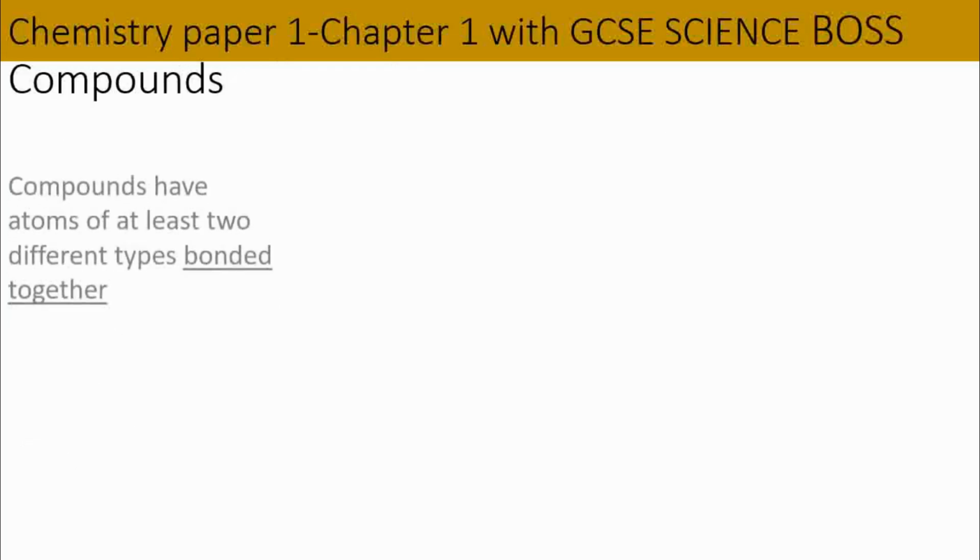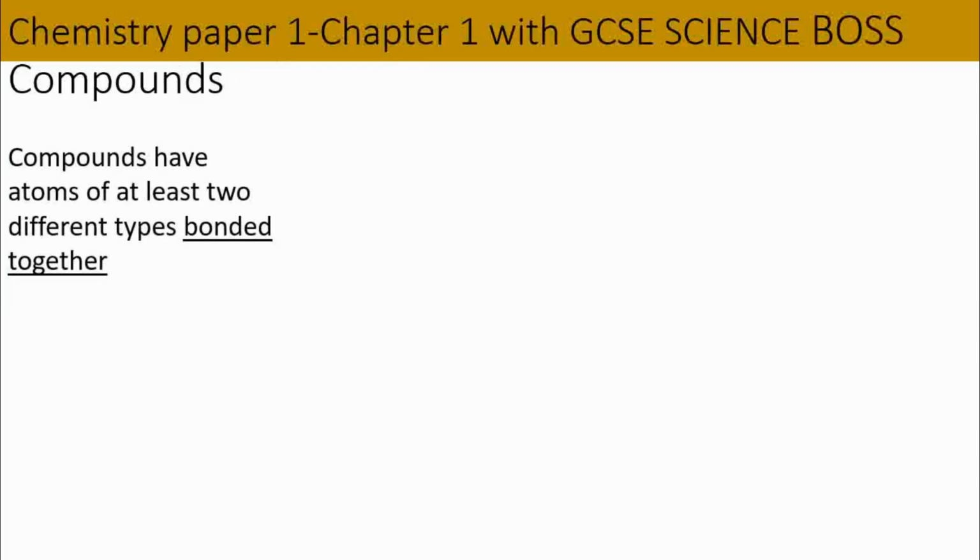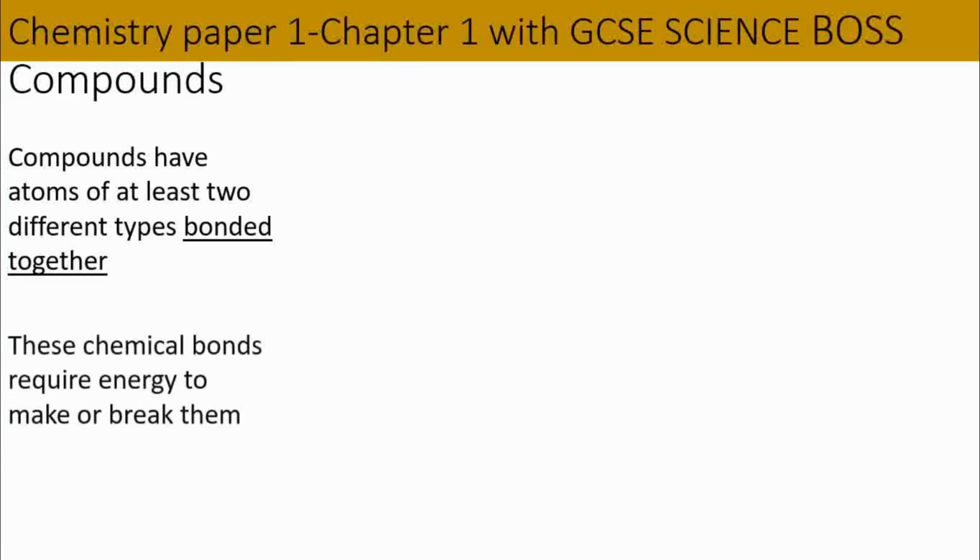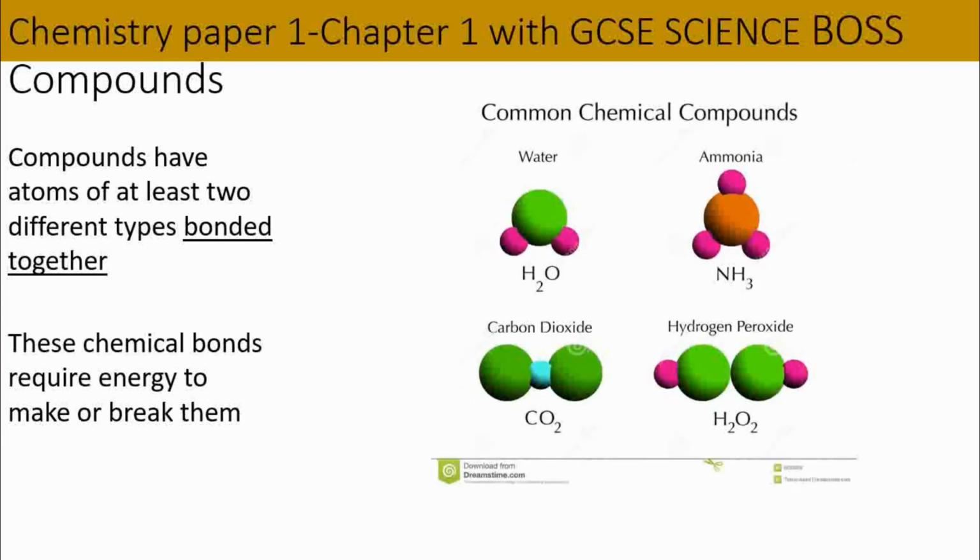Now compounds are substances made up of two or more elements which have been bonded together. Okay, and here are some different examples of compounds. All right, so you have water, which is basically an oxygen bonded to two hydrogen atoms. All right, you have something like ammonia, which is nitrogen bonded to three hydrogen atoms. Okay, let's use a different color pen. All right, good, so you can see that better.